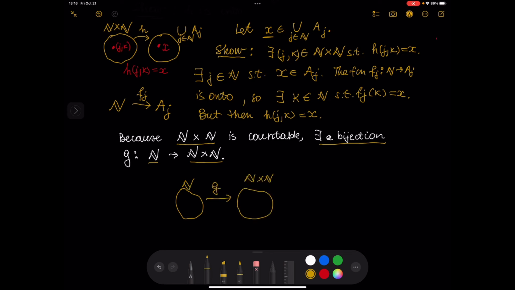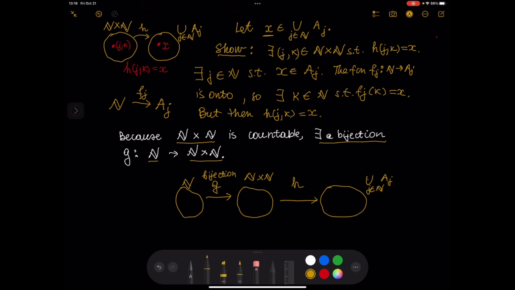The function g from N to N cross N is a bijection, and the function h from N cross N to the union of all A_j's is onto.